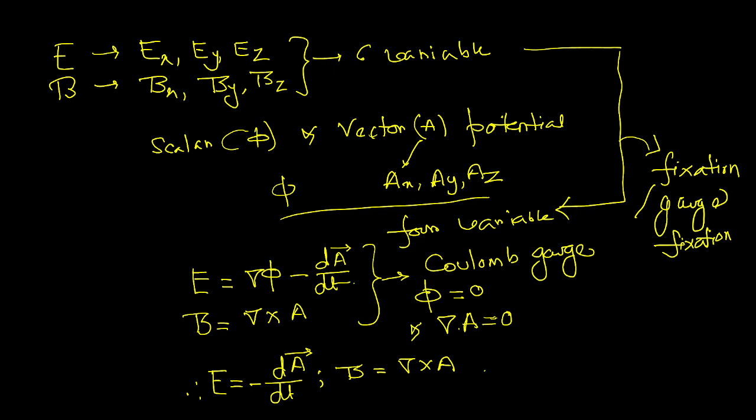There is a very large number of ways to go from 6 variables to 4. You can take Ex and By, Bz and so on.